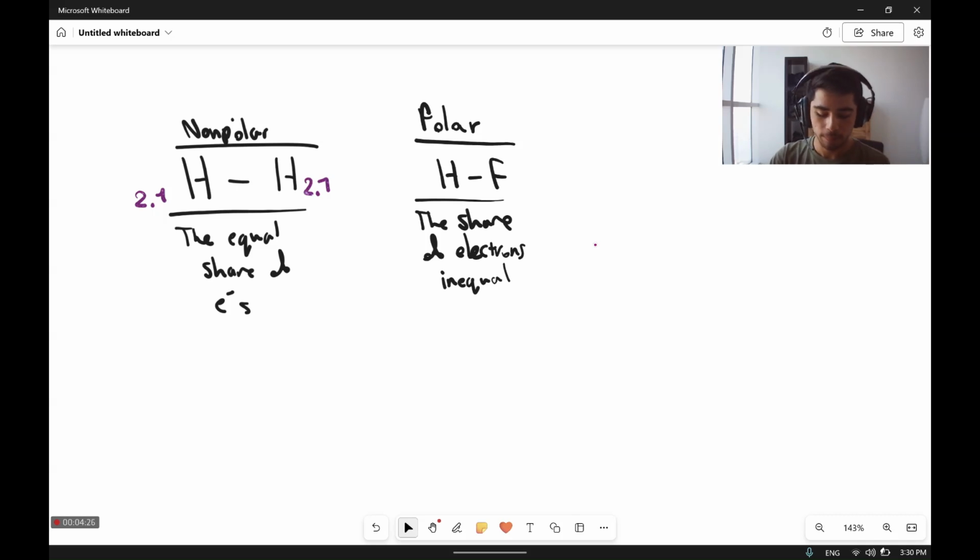Here, the difference between 2.1 and 2.1 is 0, so that means it's an equal bonding. Thus, it's nonpolar. If the electronegativity difference is a bit higher, then it becomes a polar bond. So for example here, 2.1 again, but fluorine is 4.0. 4.0 is too much, and that will create a polar bond.